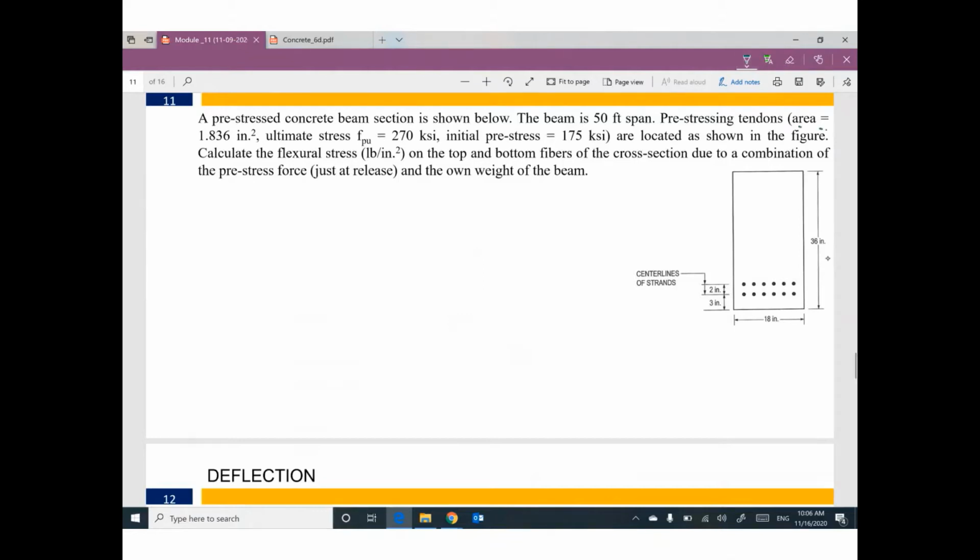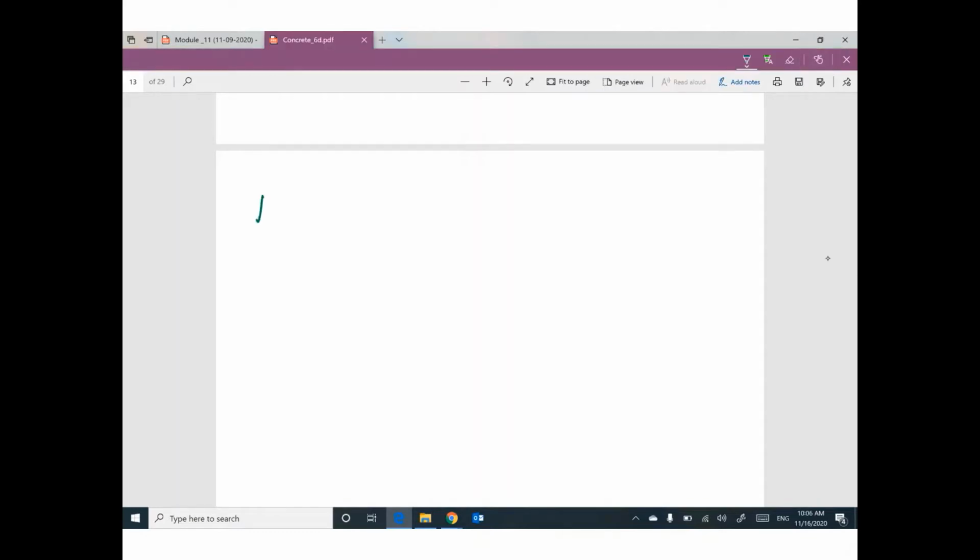The area of these tendons equals 1.836 for all of them. By the way, for your information, these tendons have a diameter of 1/2 inch.